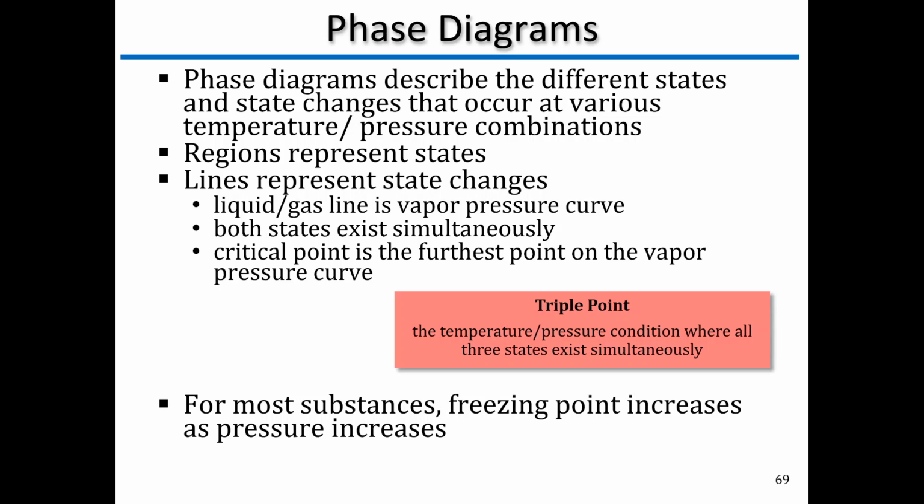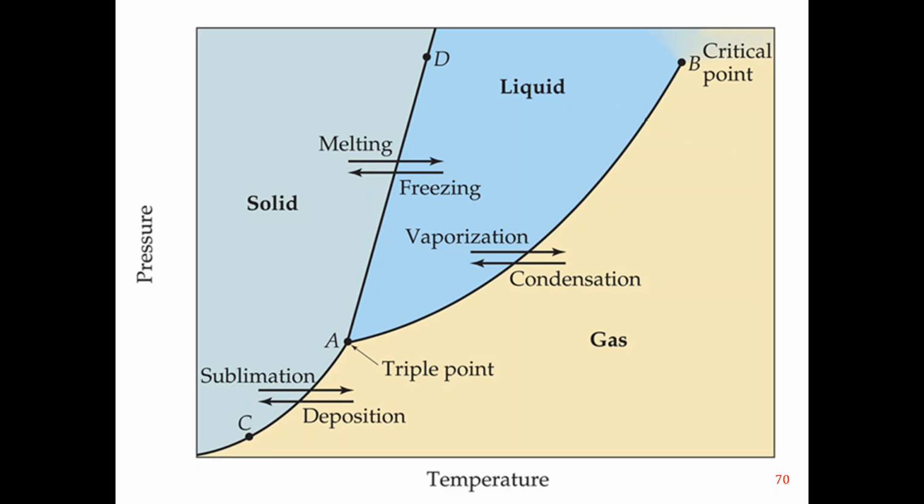Another definition is the triple point. So this is the temperature and pressure condition where all three states exist simultaneously. And then for most substances, freezing point increases as pressure increases. Okay, so let's take a look at these on an actual curve. So this is what a phase diagram looks like. Okay, so we have pressure on our y and temperature on our x.